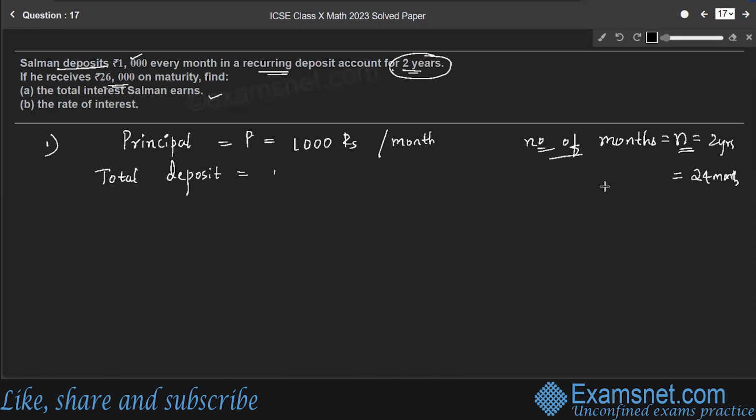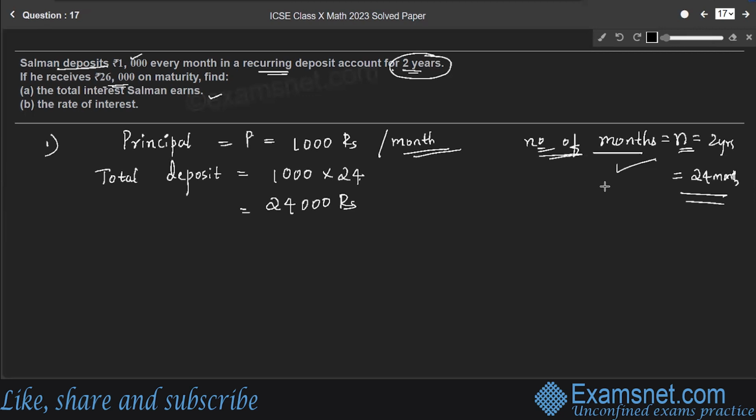So total deposit is 1000 rupees into 24 months. Here 1000 rupees is for every month. Therefore, let us express the total number of periods in terms of months. Therefore, 24,000 rupees is the total amount he deposited.